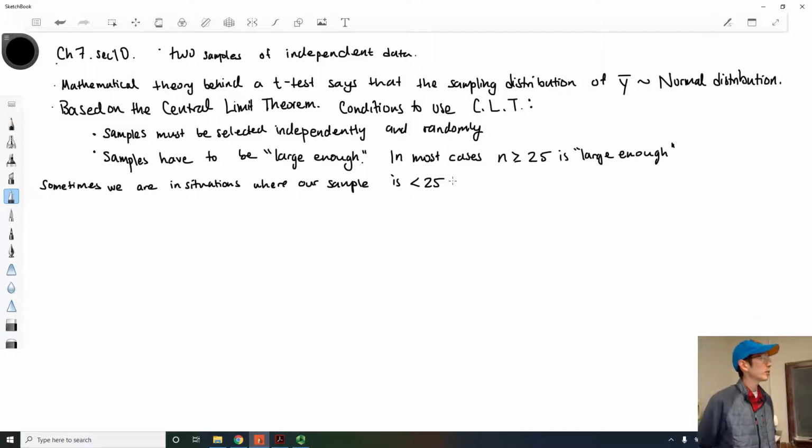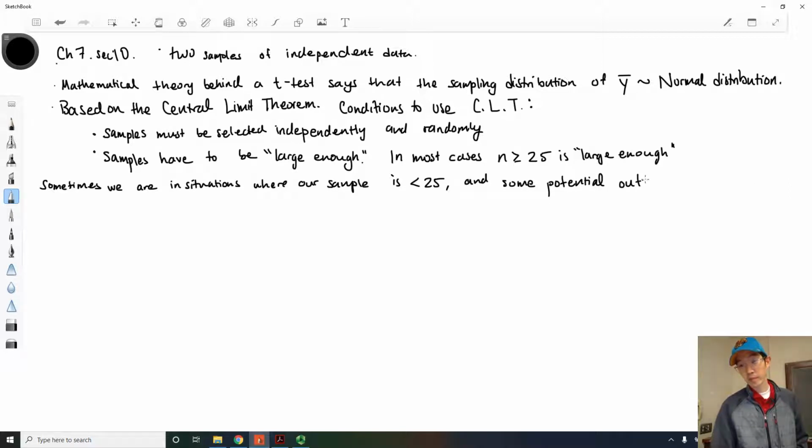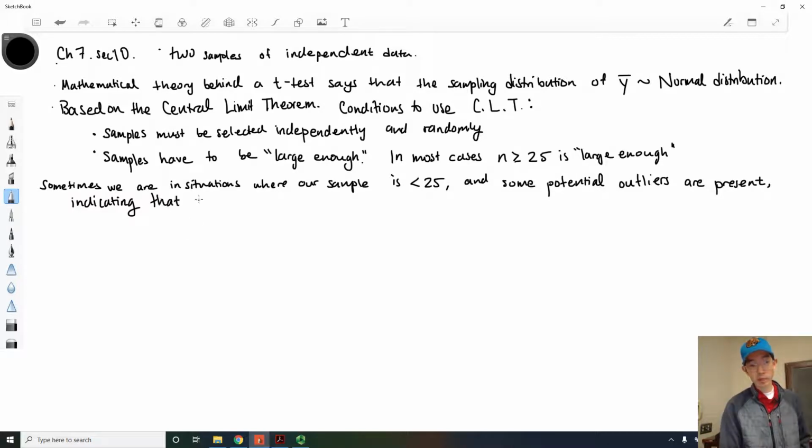And maybe some potential outliers are present, indicating that the population is not normal.